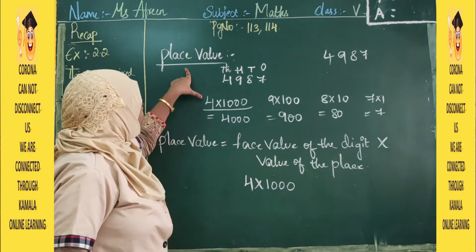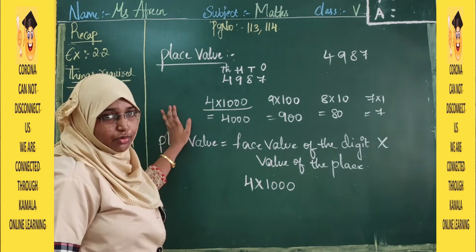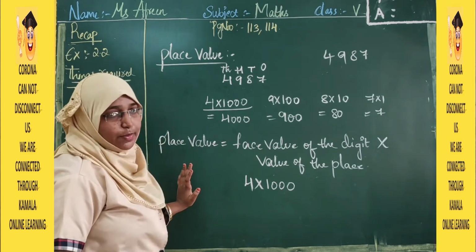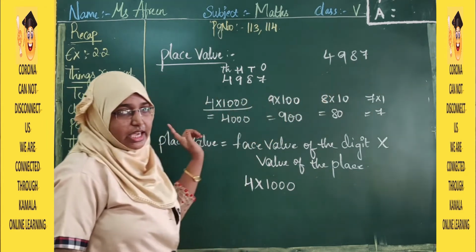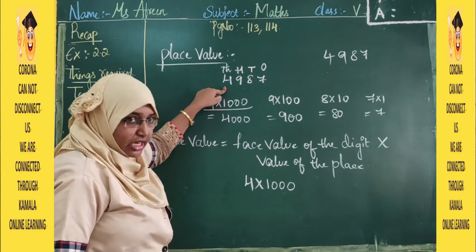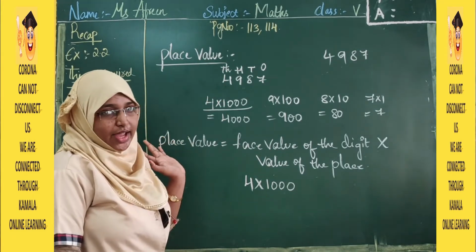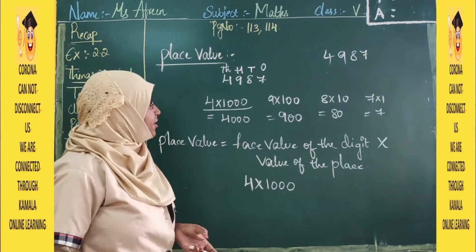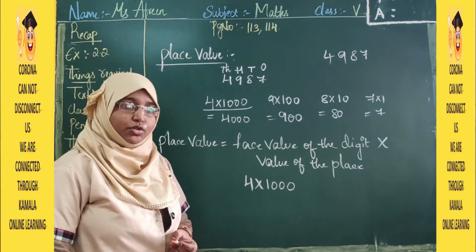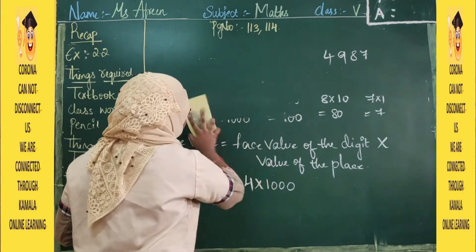Simply remember, place value means we multiply the digit with its value. Face value means the number will be the same. Place value means the digit is multiplied by its value. This is place and face value. Hope it is very clear. Now let's move on to our next topic, expanded form.